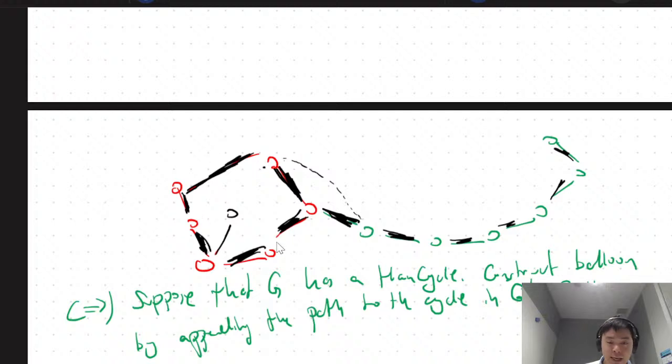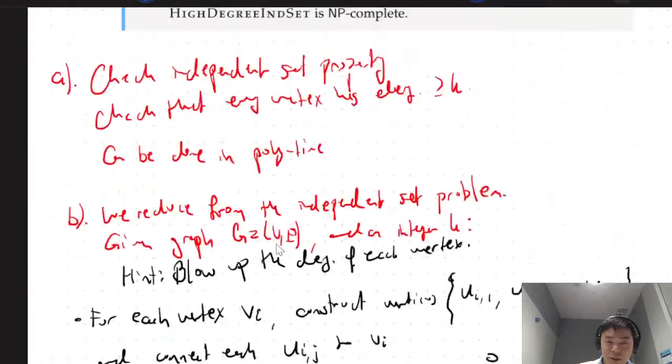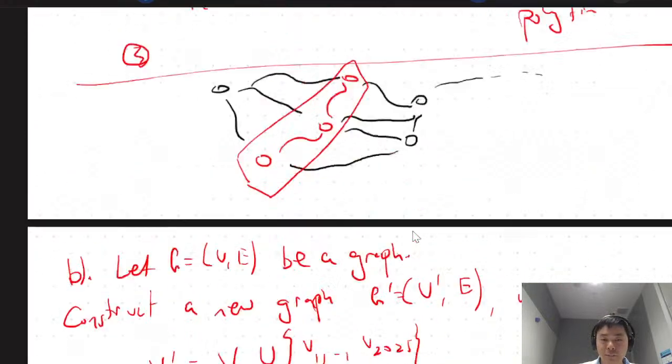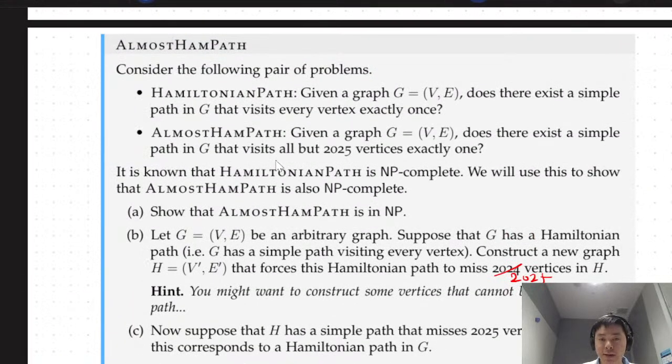So every time you have a cycle, maybe the thing to think about is to go from Hamiltonian cycle to your problem, or maybe this one was an independent set, so maybe you want to go from an independent set to this variation of the independent set problem, or if you have some kind of path problem, so does there exist a simple path? Then maybe you want to look into Hamiltonian path or longest path, something like that.